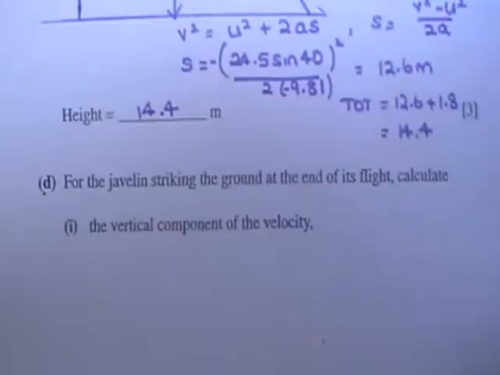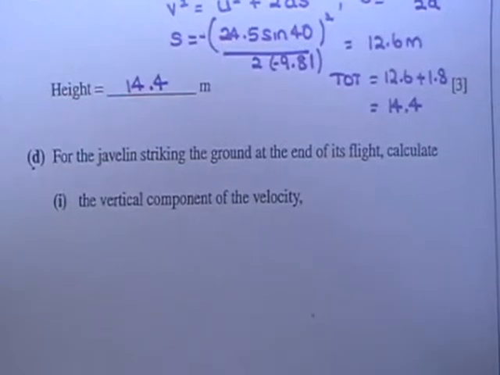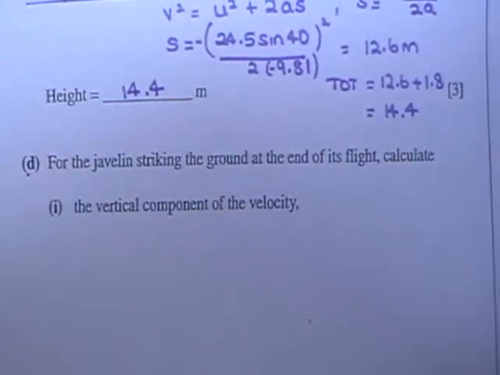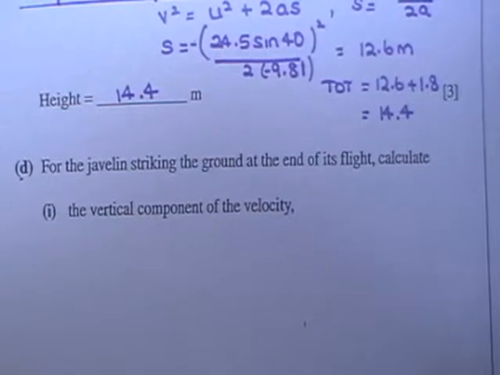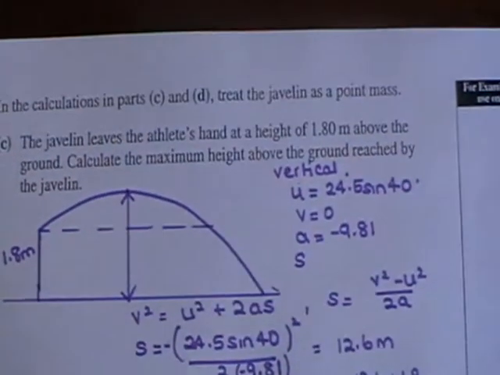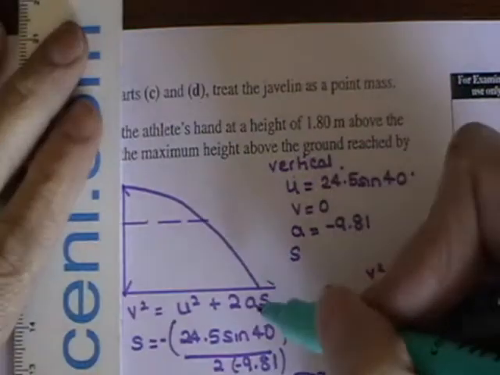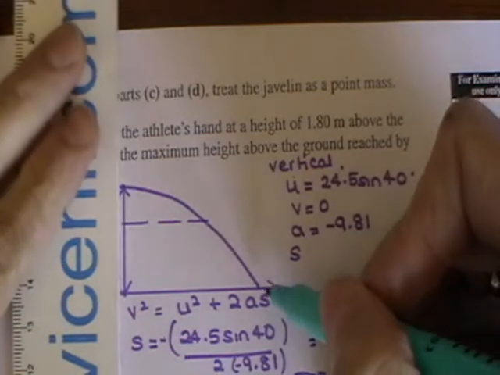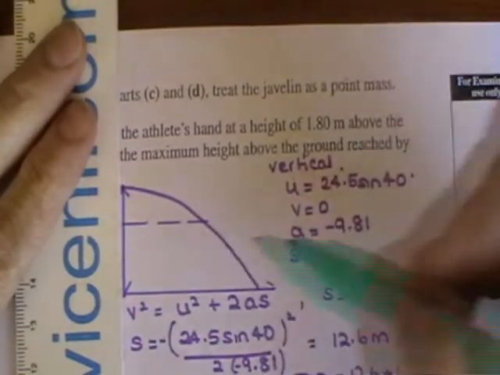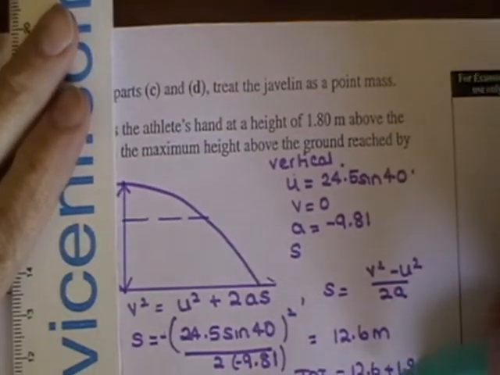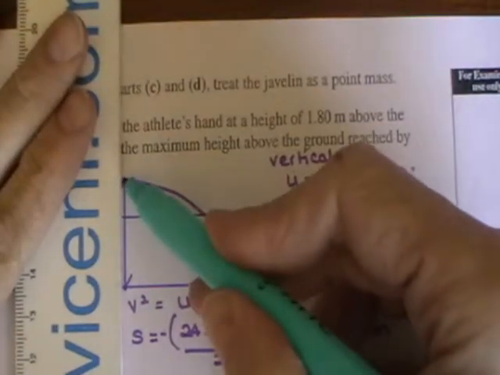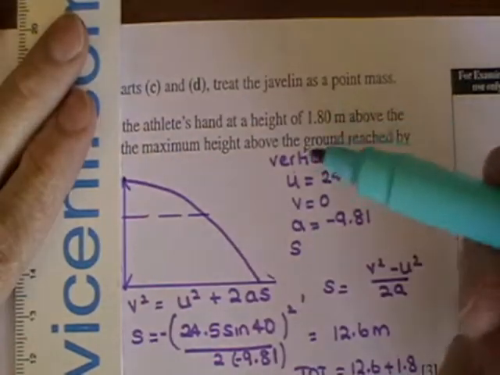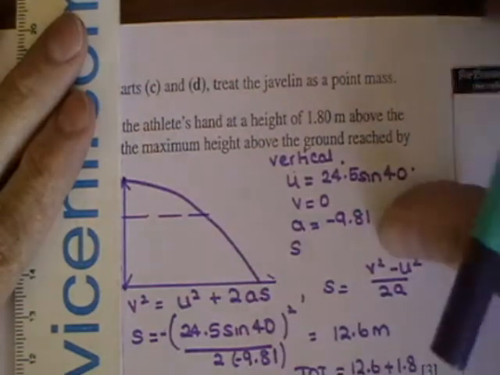For the javelin striking the ground at the end of its flight, calculate the vertical component of the velocity. Now, what I'm going to do is take this as if it's a projectile from here and calculate, first of all, its vertical component. So I'm going to take it as if I now know this complete height is 14.4 metres, and I know that its initial vertical velocity is 0 at its maximum height there, and I know acceleration due to gravity.